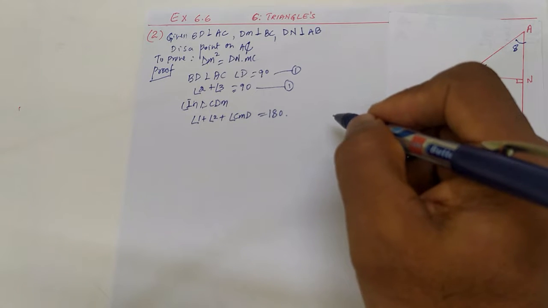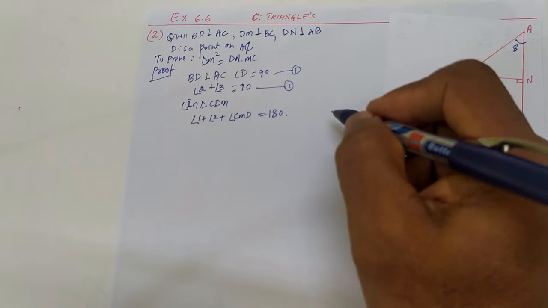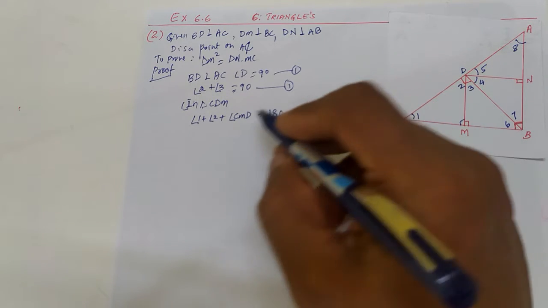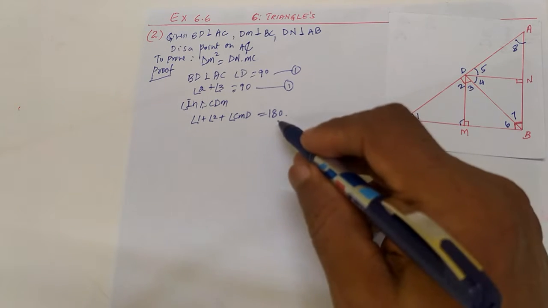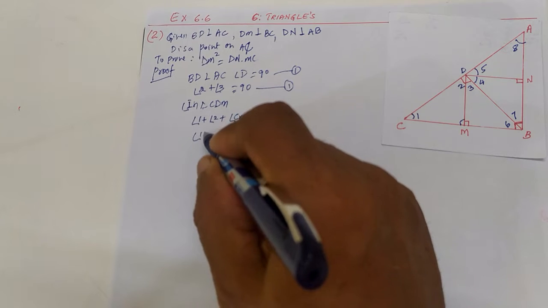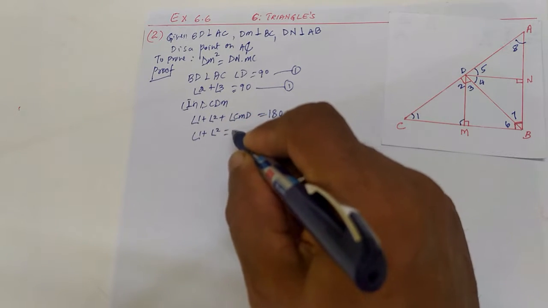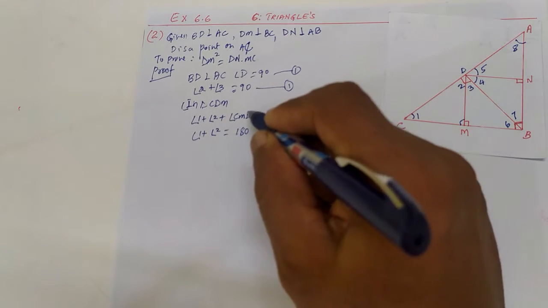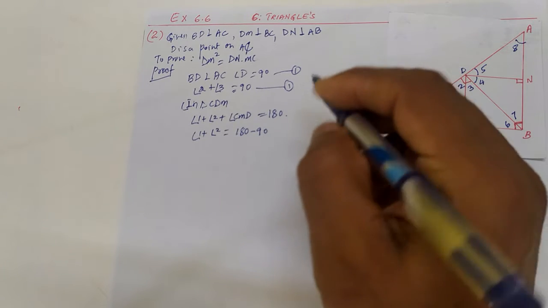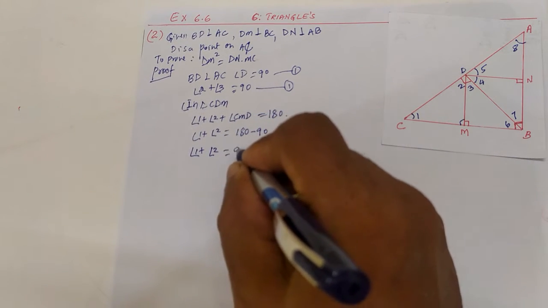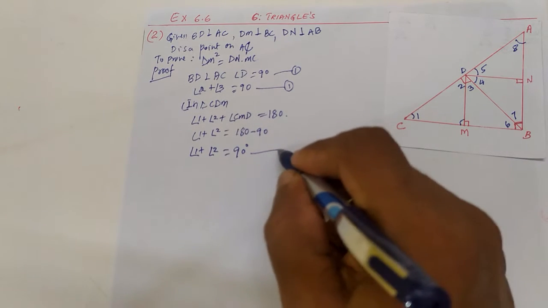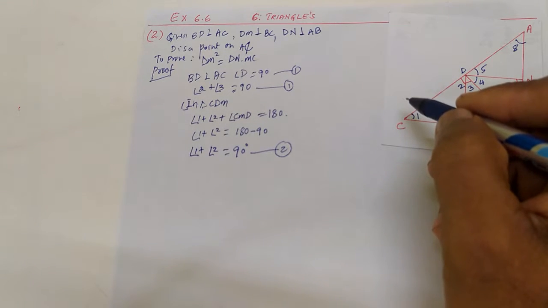What is the reason? Sum of the three angles of any triangle is 180. CMD is perpendicular, so this will be 90 degrees. So angle 1 plus angle 2 is 180 minus 90. So what do we get? Angle 1 plus angle 2 is 90 degrees. So we will take this as the second statement.